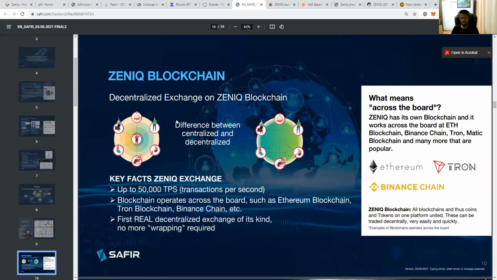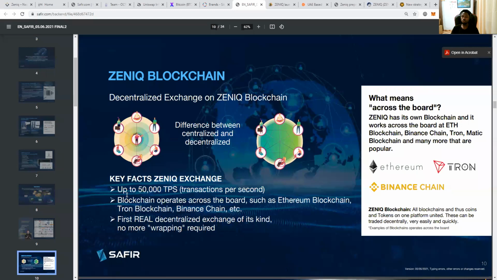A few things to consider with respect to their exchange and their blockchain is that, when you check their blockchain, they have up to 50,000 transactions per second. These are some of the things to consider, because if you are looking at connecting traditional finance to crypto, you should look at all of these indices.